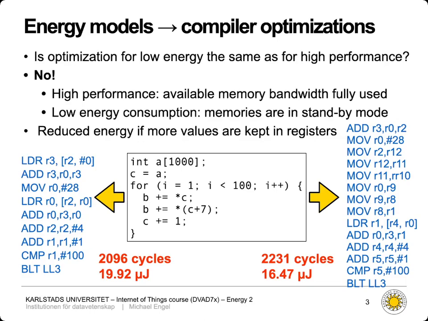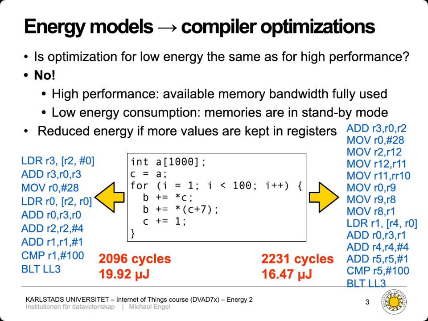So amazingly, the code on the right-hand side is slower. Well, it uses more instructions, so that's not too surprising, I guess. It takes 2,231 cycles compared to 2,096 cycles. But if we look at the total energy consumption of that piece of code, then the code on the right-hand side is about 15% more energy efficient.